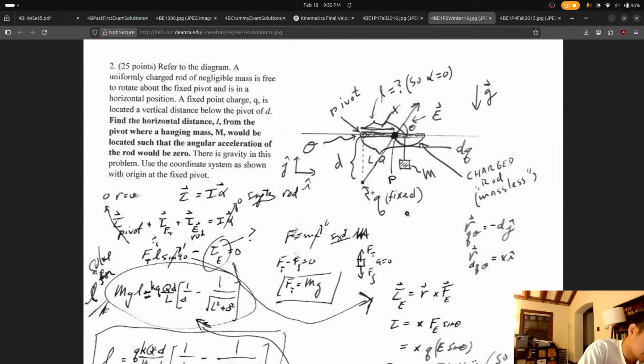That's nice. Okay, so now we can do u is equal to x squared plus d squared.